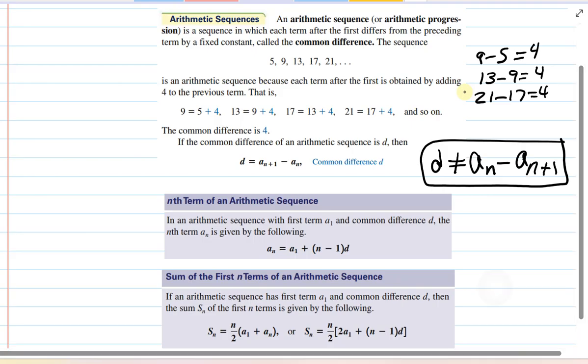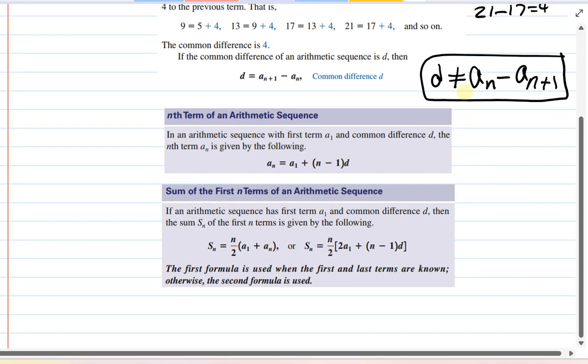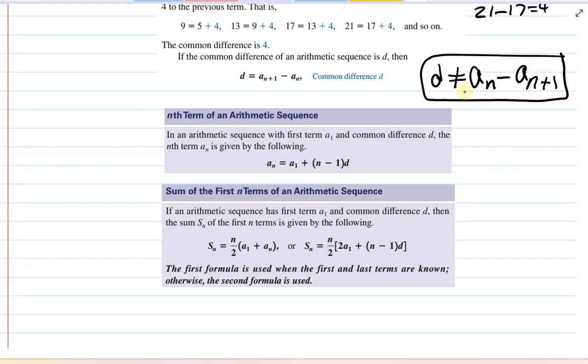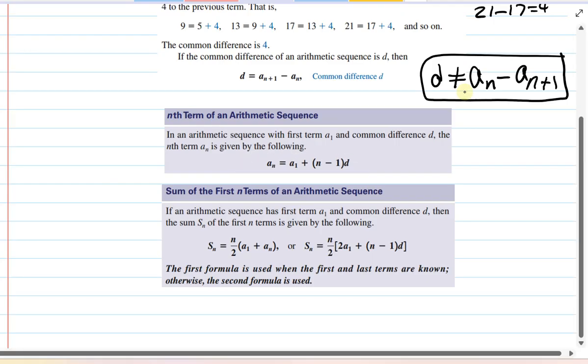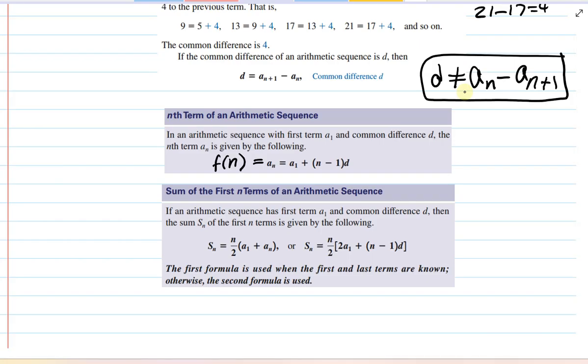Now, the formula for the nth term of an arithmetic sequence is given by what you're looking at here. Remember, the nth term is the function that actually generates the sequence. So that's what a formula is.